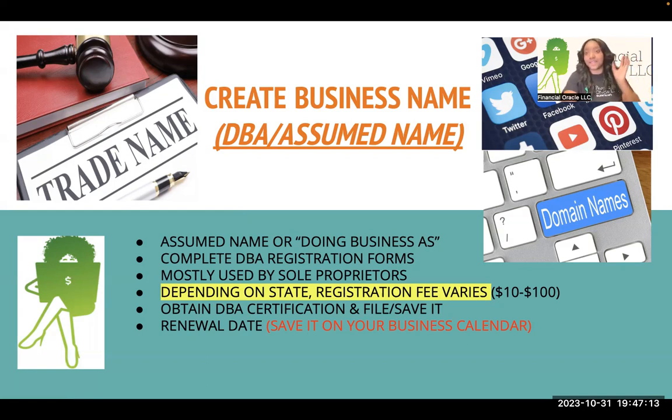This is information pertaining to your business, so you always want to make sure you save it somewhere where if it's ever needed, you know exactly where to go. Also, when it comes to registering your business name, there's an expiration date, well, I would say a renewal date. So make sure you know what that renewal date is and plug it into your business calendar.